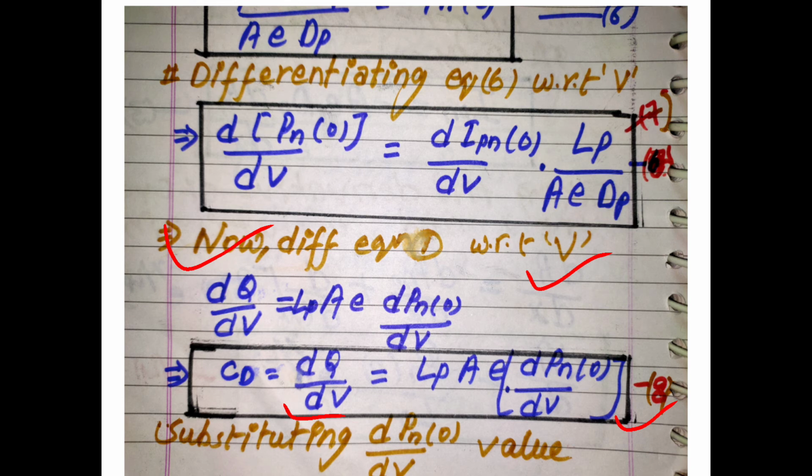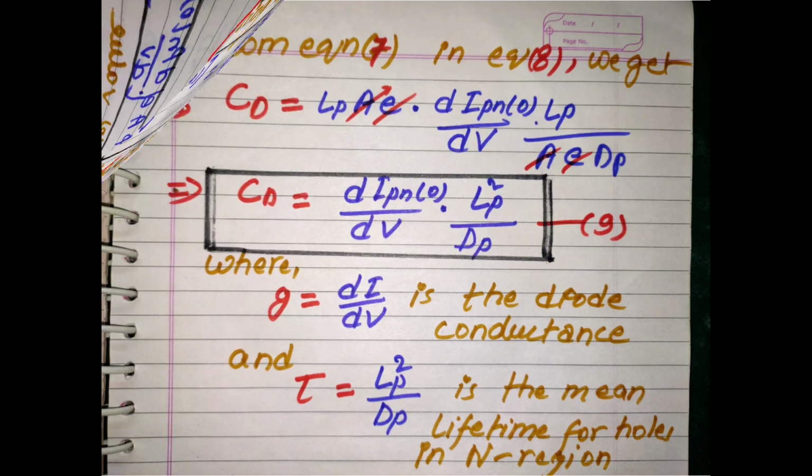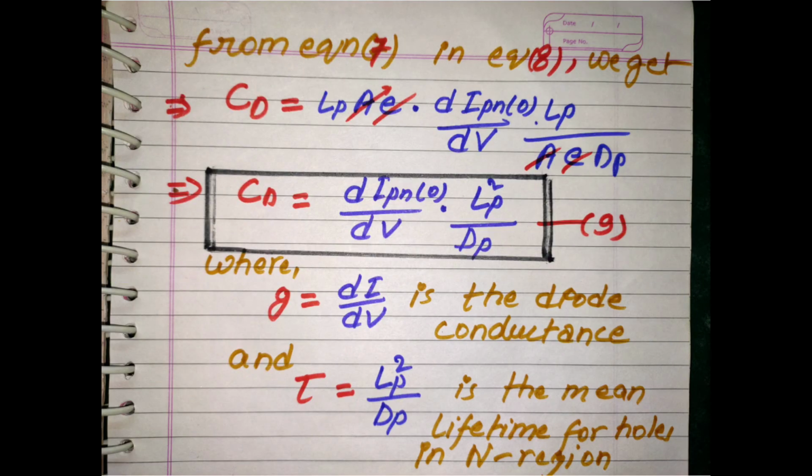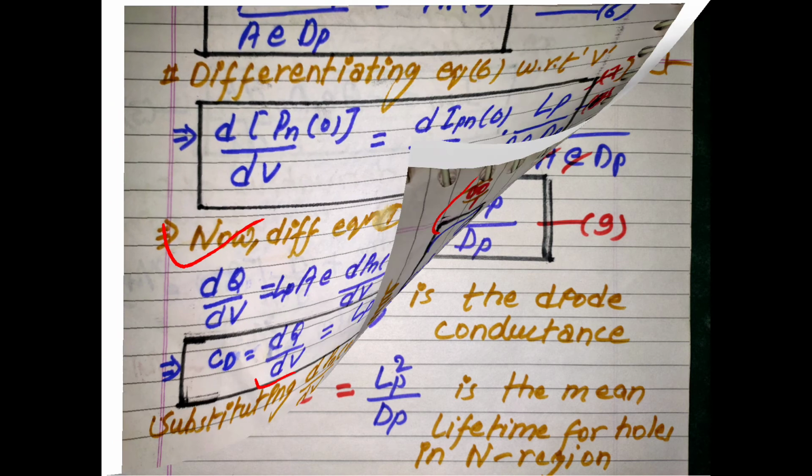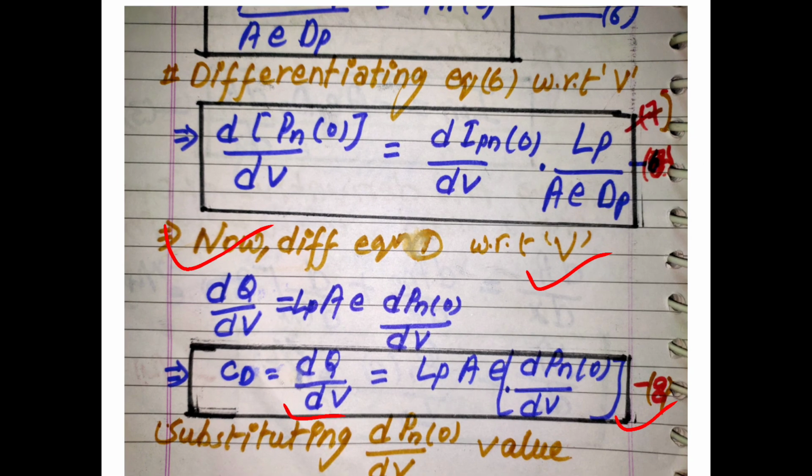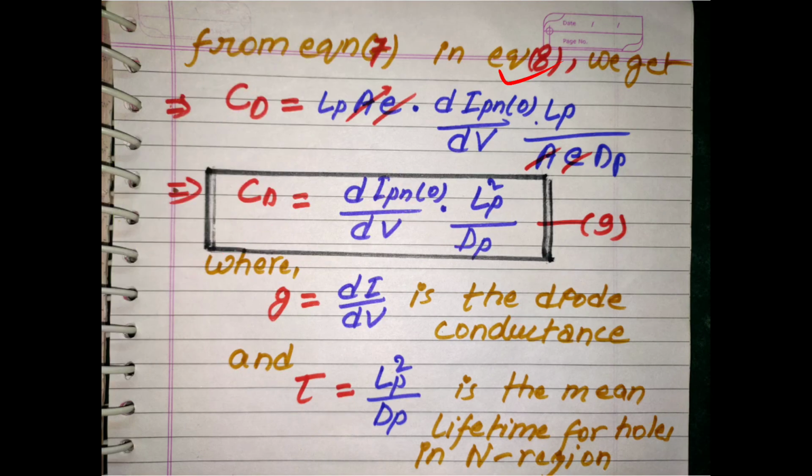So we will substitute the value of dpn of 0 upon dv from equation number 7 in equation number 8. Then we will get the expression for CD.